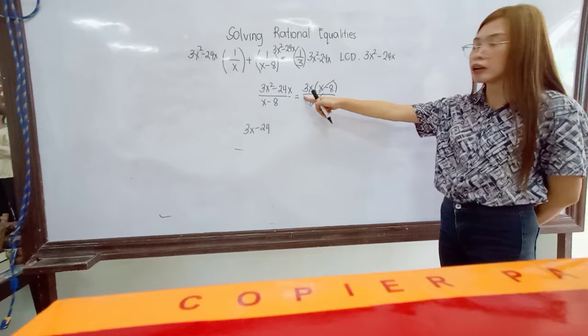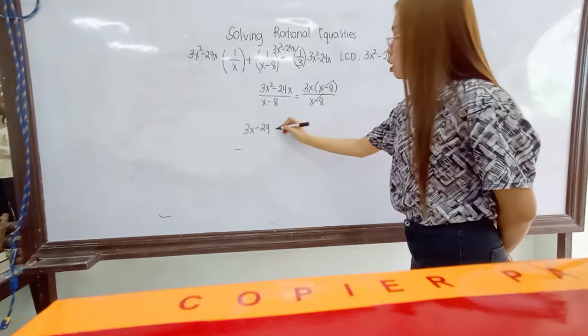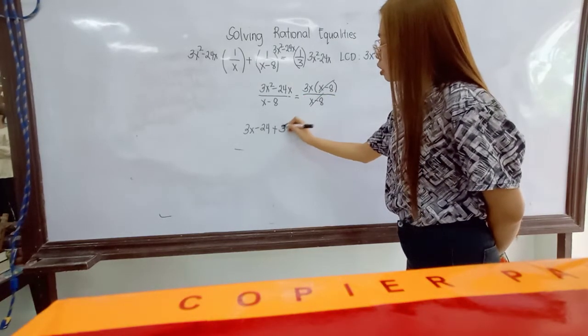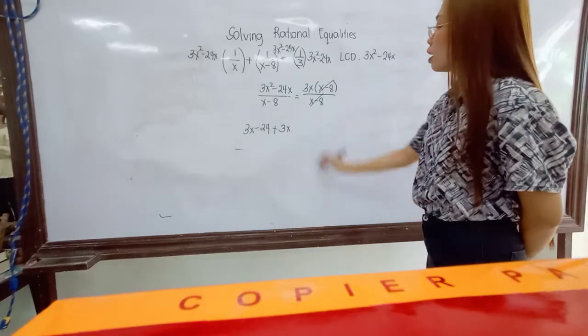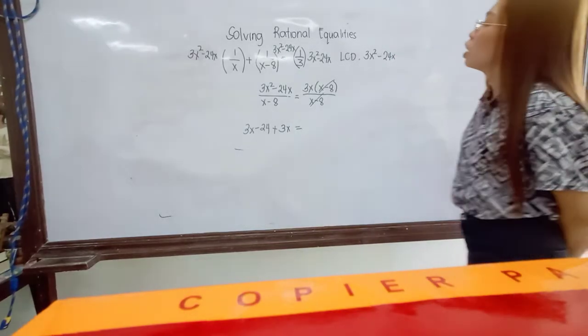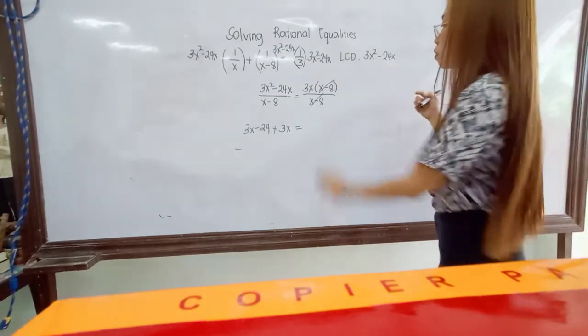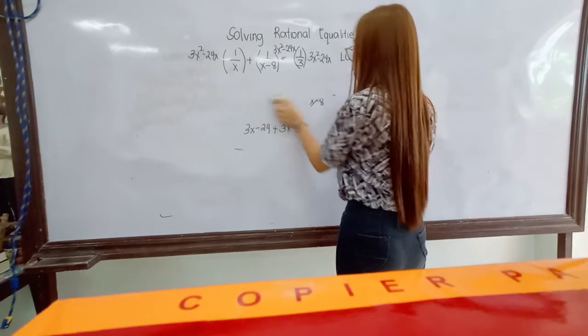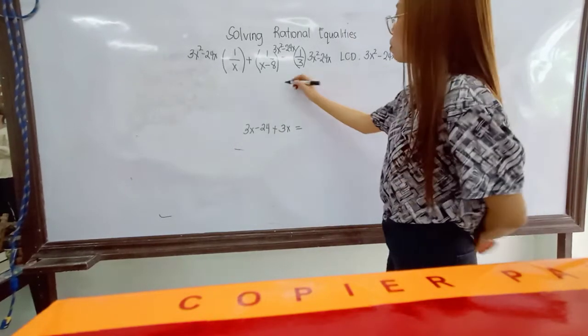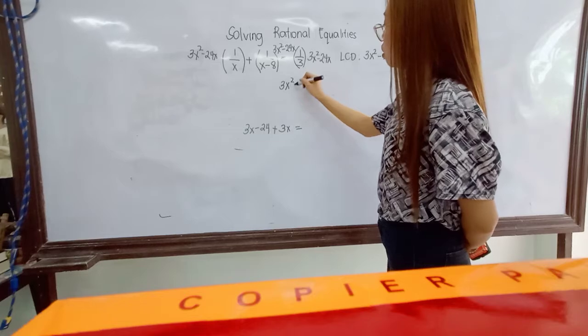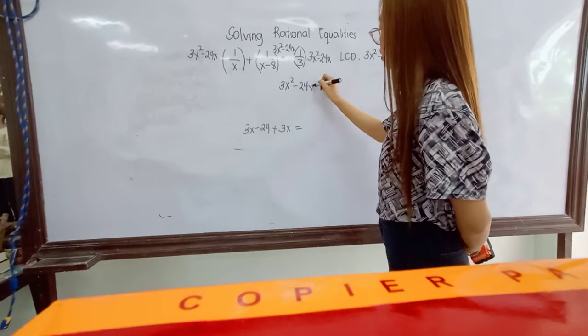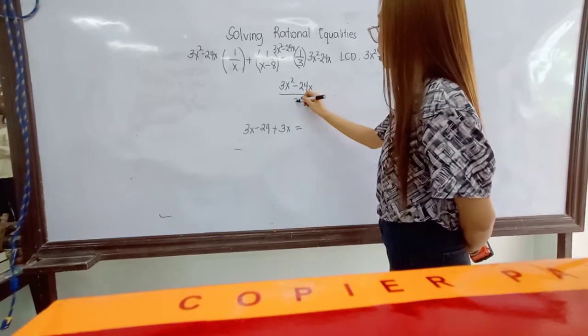So matitira na lang natin si positive 3x. So plus 3x. Okay? And then equal to, ayun, meron pa tayo isa. Last one, we have 3x squared minus 24x over 3. Okay?